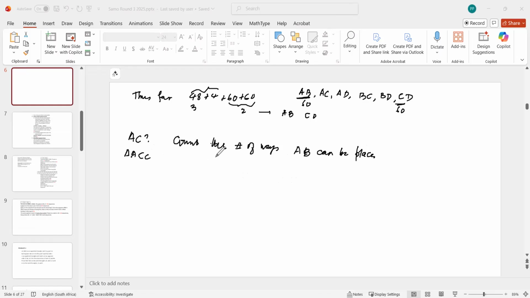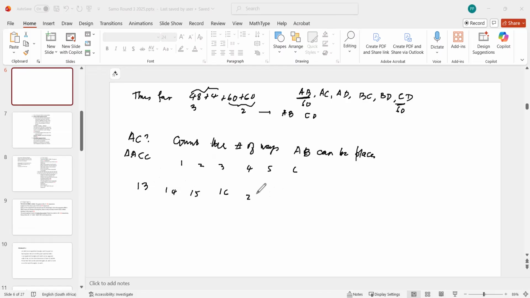So I might as well just count the number of ways in which the two A's and the B can be placed. Now there are 6 spots. We'll call the spots 1, 2, 3, 4, 5, 6. All right, now you can put the two A's in 1, 3, or in 1, 4, 1, 5, 1, 6, or you can put the two A's in 2, 3.